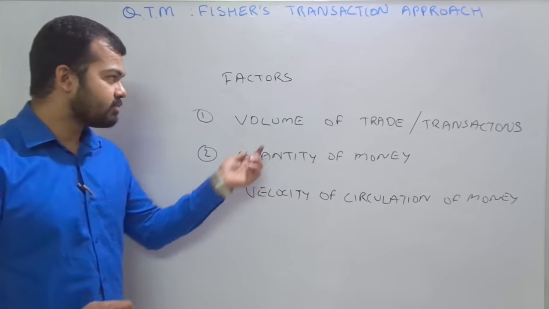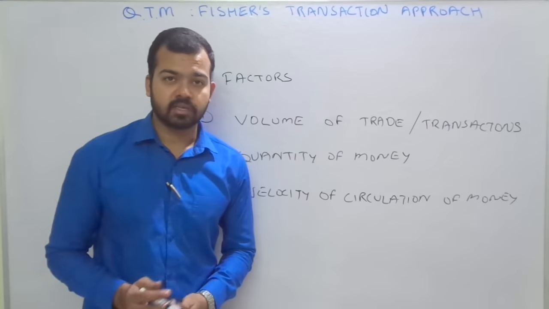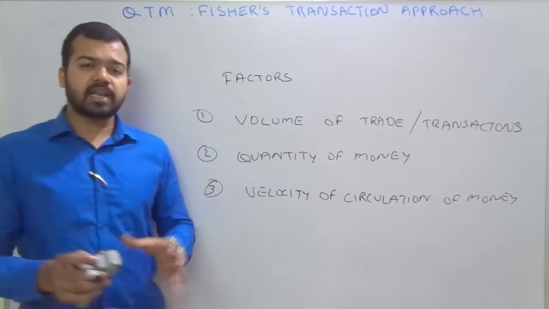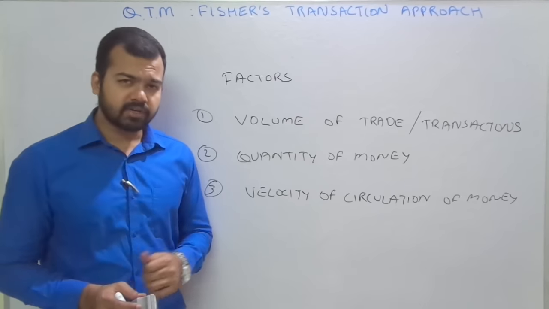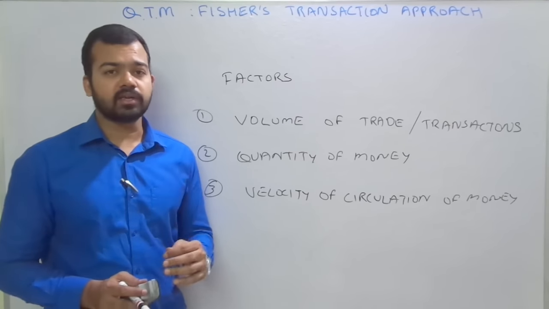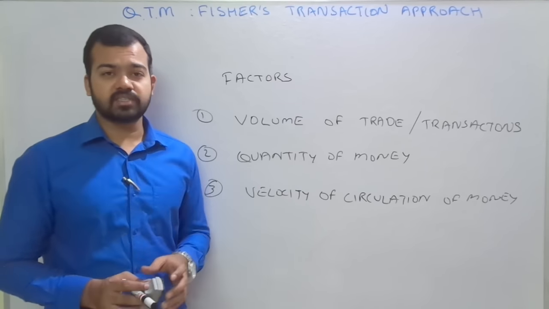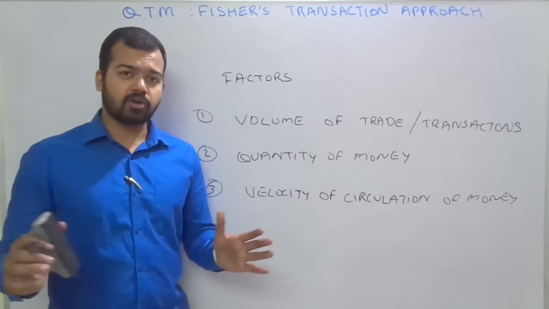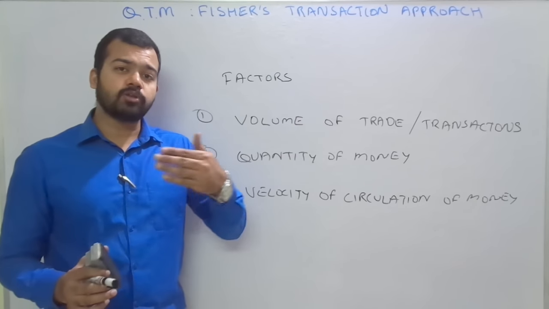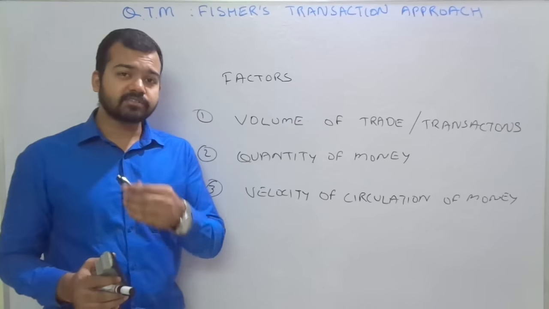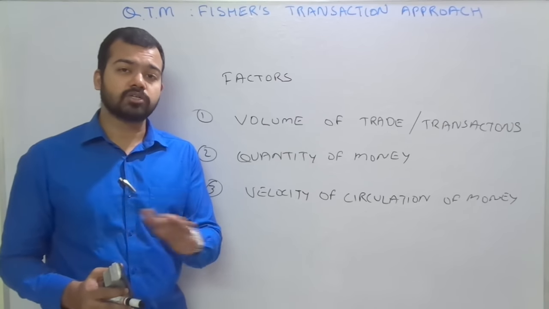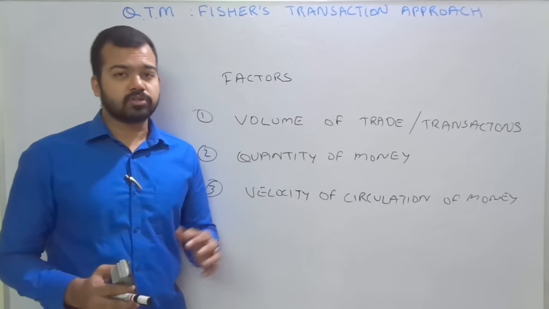For example, he gave volume of trade and transactions. It means that in an economy in a particular time period, say 1 year, there is a limited number of transactions. When an economy is expanding, transactions and the volume of trade increase, so more transactions are required in order to sell and buy goods and services.